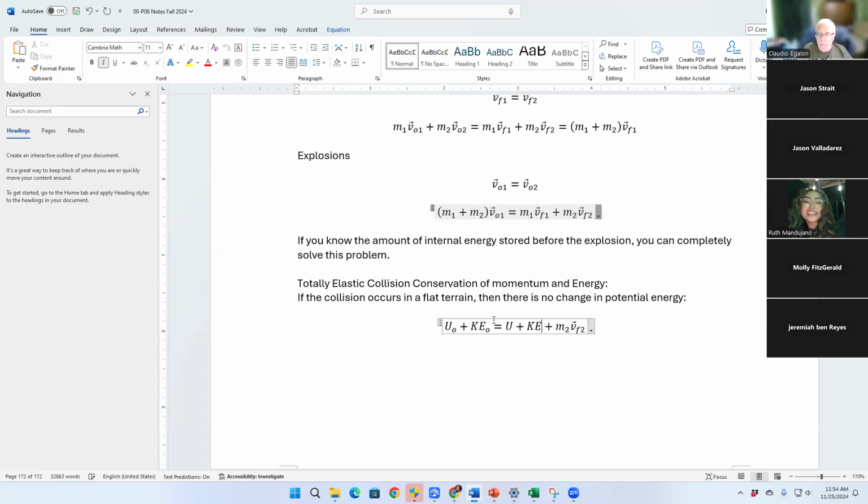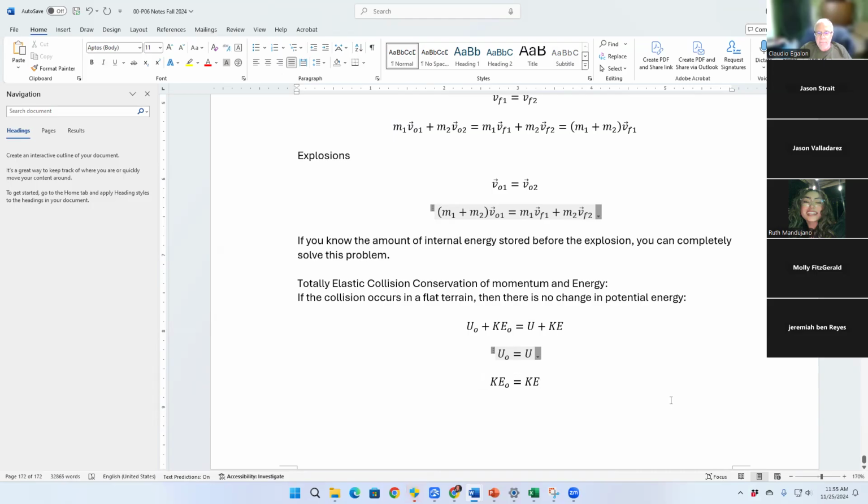You don't need a subscript. If there is no change in potential energy, what does it mean? It means that U naught is equal to U, like that. And the conservation of mechanical energy becomes just conservation of kinetic energy. That's why I didn't take into account the potential energy, because most of the collisions that we use occur at the same height.